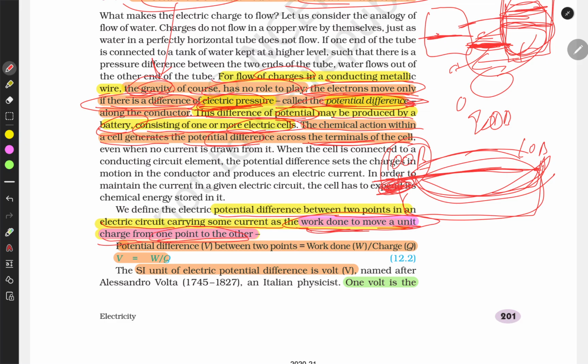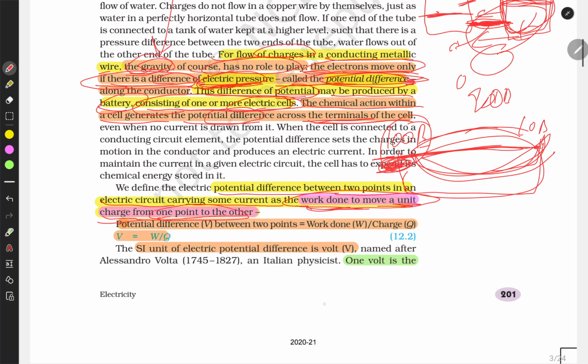You might remember that when we were discussing kinetic energy and potential energy of an object in our motion classes, kinetic energy comes from the motion of any body. And potential energy comes from its position and its shape.